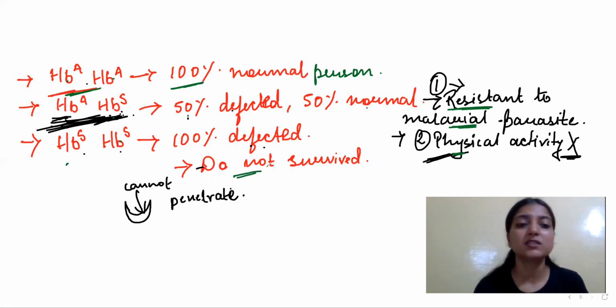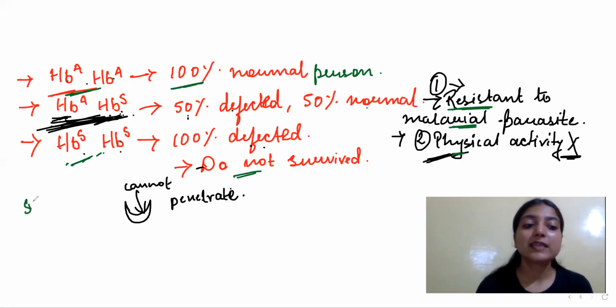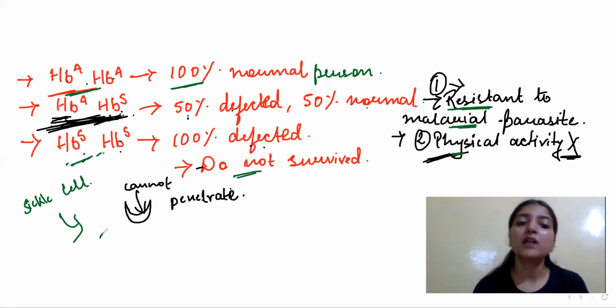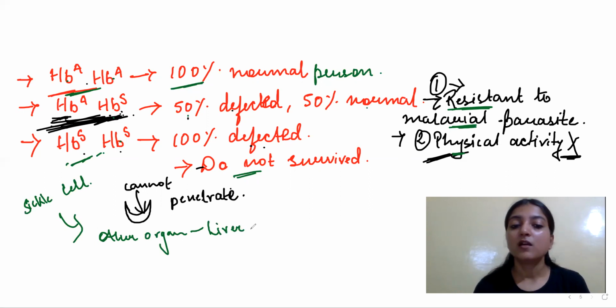Why does the person not survive? Why can a person not survive sickle cell anemia with 100% defection? Because the sickle cell RBCs do not allow other organs, such as the liver, lungs, heart, to function; these are affected.